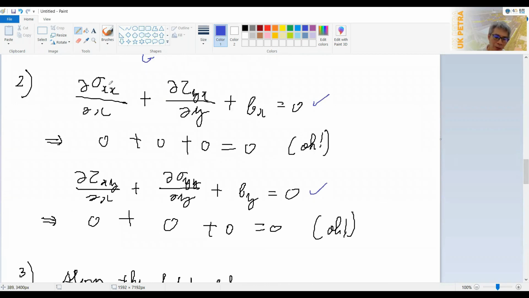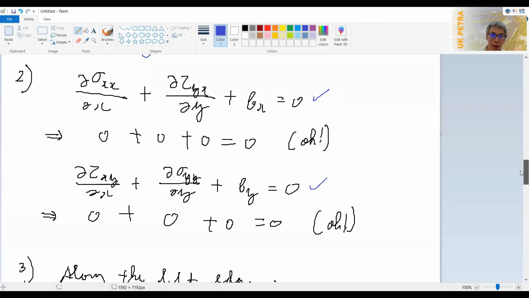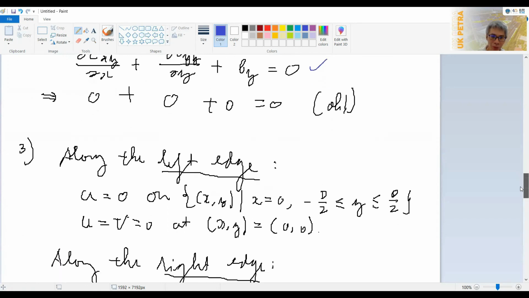So of course the partial with respect to x is 0, and the other stresses and body forces are 0. So this is trivial. It means that we can easily show that the equilibrium equations are satisfied by the results.